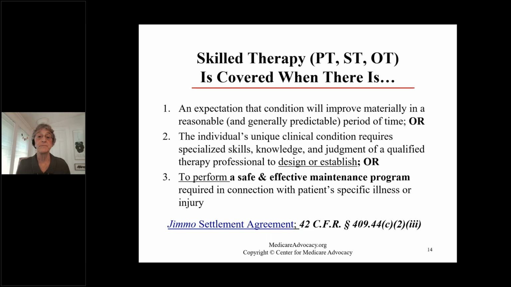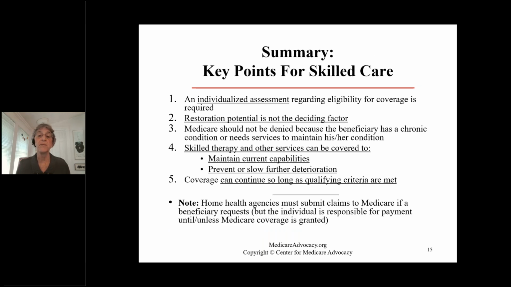Next slide, please. So, some summary key points. An individualized assessment of what this patient needs regarding eligibility for coverage is required by the law. Restoration or improvement is not the only way to qualify. It's a way, but not the only way.